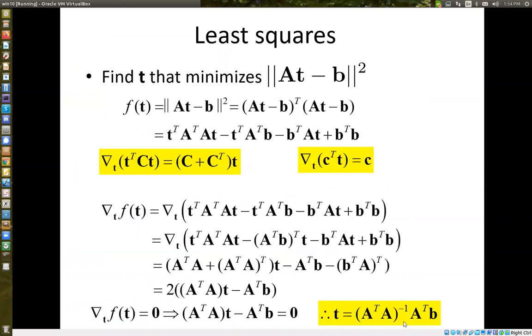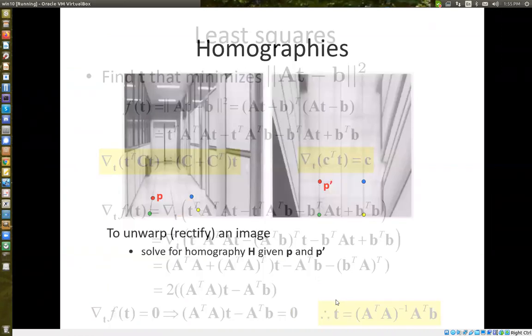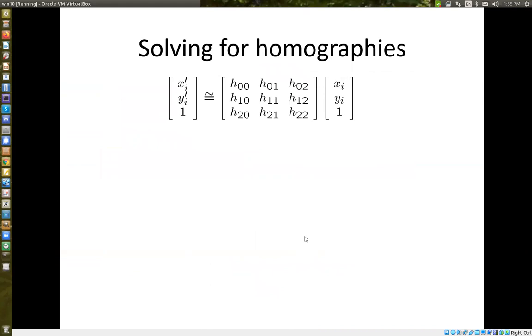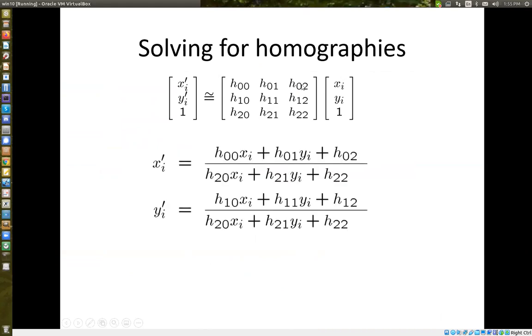But know that this is for solving affine. If I'm going to solve homography, remember that for homography we'll have something like that, right? We have 9 variables here.